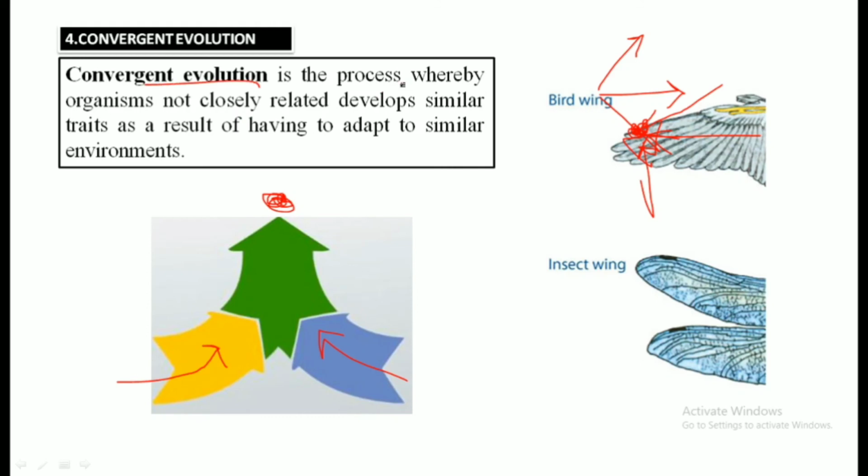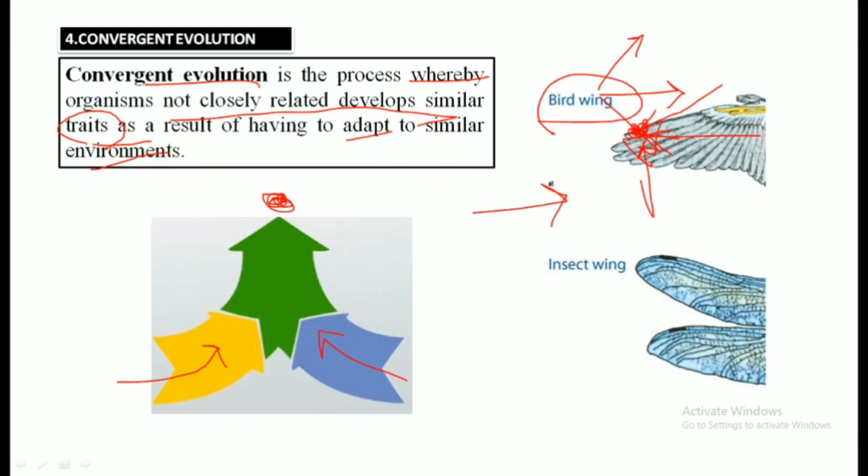Convergent evolution is a process whereby organisms not closely related develop similar traits or characteristics as a result of having to adapt to a similar environment. Here is an example.